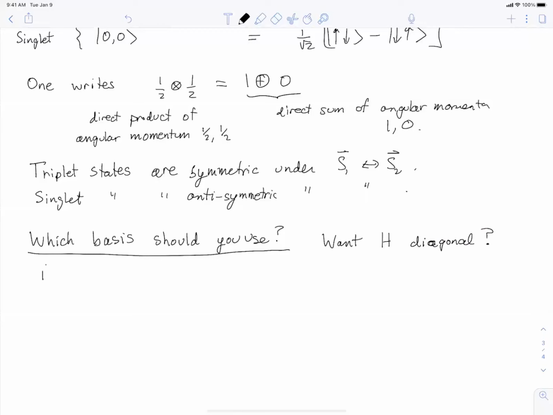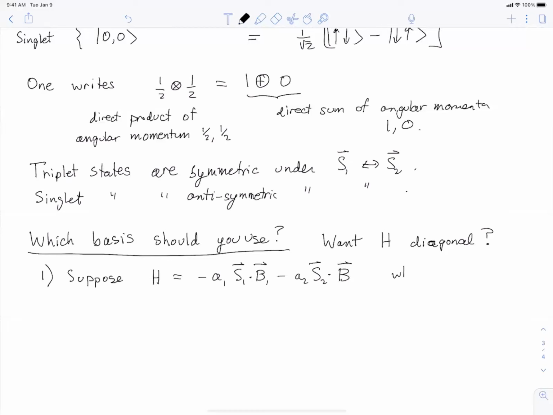So suppose your Hamiltonian has a term that's important that looks like the following. Something like a constant, I'm putting a minus sign in front of it because that's what usually happens, times a spin dotted into a magnetic field, and another constant times another spin dotted into a magnetic field.